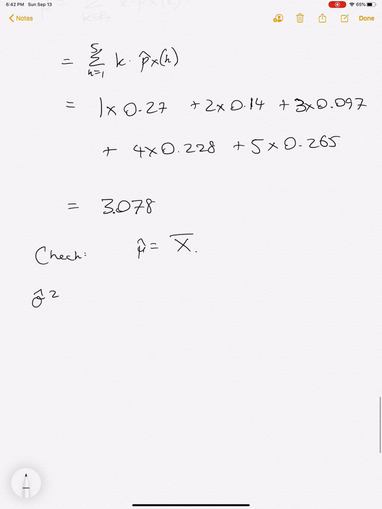Now, if we find sigma hat squared using the plug-in principle, this just says that we use the formula, so this is the plug-in.